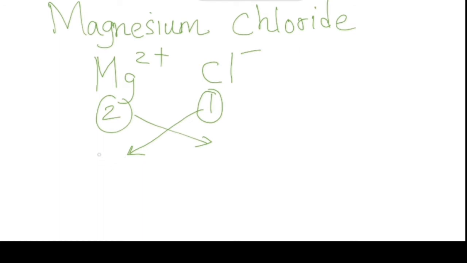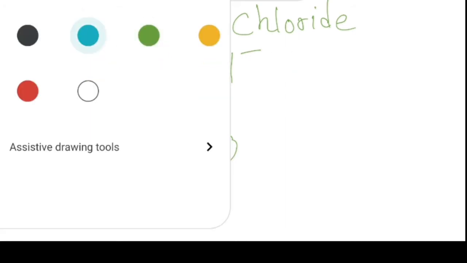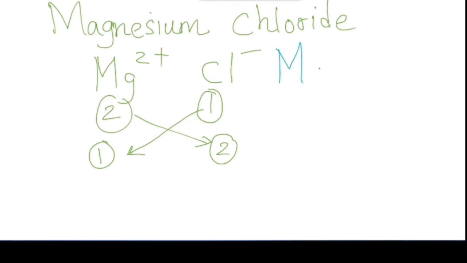When you interchange the valency, the formula of magnesium chloride will be MgCl2. The charge of magnesium, or the valency, is going to the chlorine atom. MgCl2 shows that 2 chloride ions are bonded to 1 magnesium atom, right?